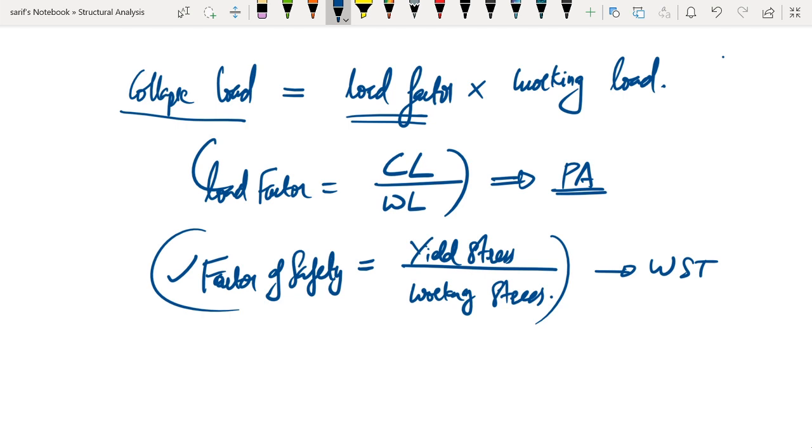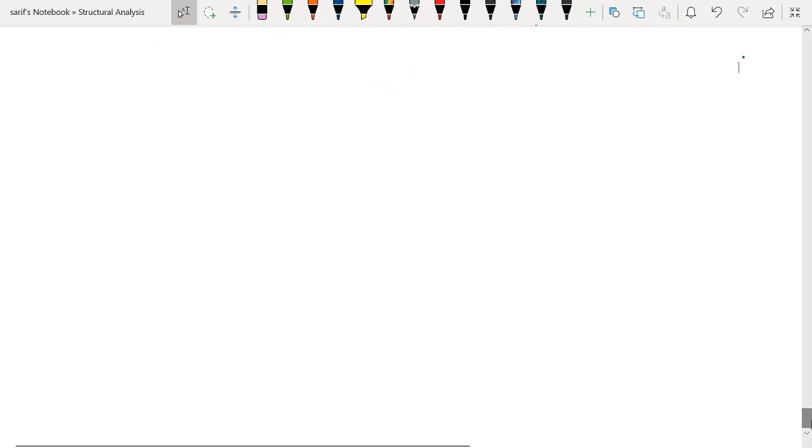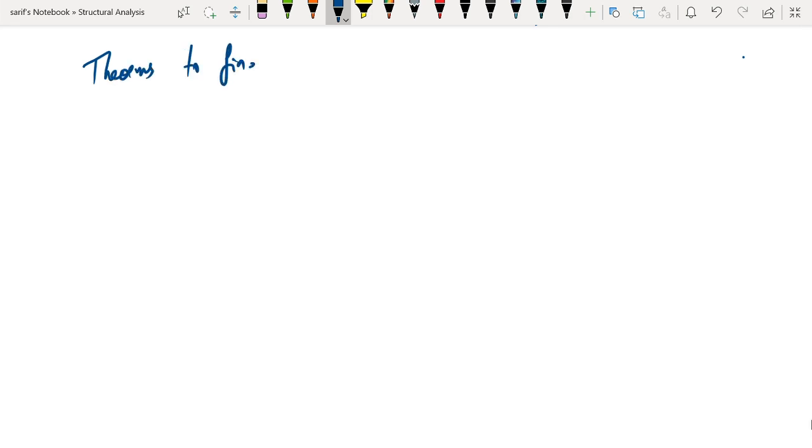Now there are certain theorems using which we can find out the collapse load. So let us see what those theorems are. The first theorem is known as the static theorem.